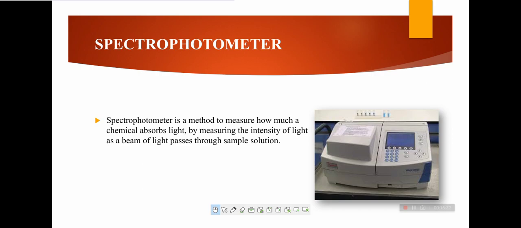But in general, the spectrophotometer measures compounds or molecules in ultraviolet, visible and infrared radiation. As we know, every chemical compound absorbs, transmits or reflects light over a certain range of wavelength. So spectrophotometry is a technique which measures how much a chemical substance absorbs or transmits.